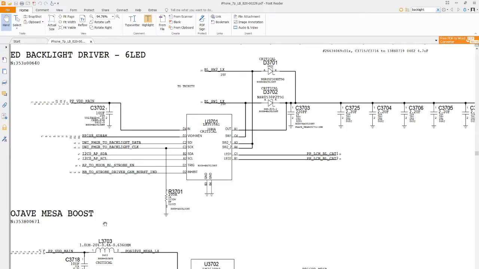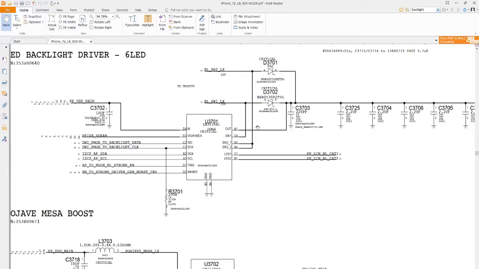Now say that you have voltage in and you have enable, but you're not getting anything out. Well, the problem would probably be this chip, because if you're getting the correct voltage in and you're getting an enable signal, and this chip is not outputting, then this chip is the problem. This is most likely the reason that you are not getting voltage out.